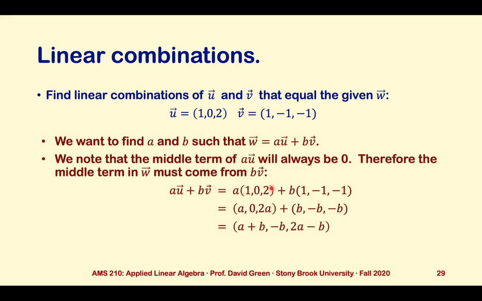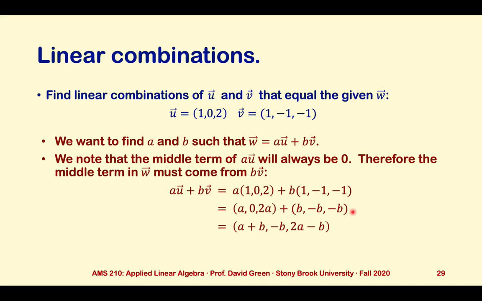We apply the scalar multiples first, applying the same scalar multiple to each element. 1 times a is a, 0 times a is 0, 2 times a is 2a. Same for the second product. b times 1 is b, b times negative 1 is negative b, and b times negative 1 is negative b.